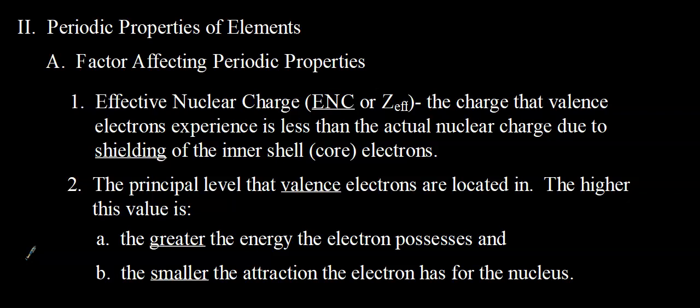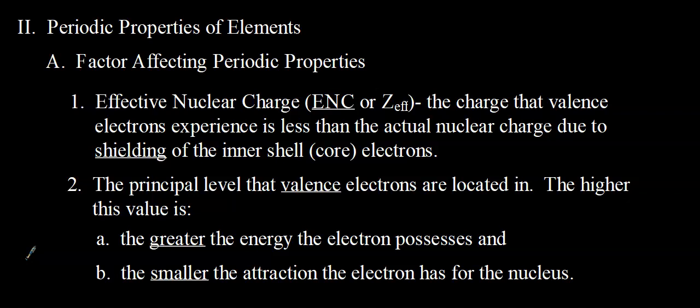Number 2, the principal level where valence electrons are located affects the properties of an element. The higher this value is, two things. One, the greater the energy the electron possesses. So remember that electrons that are further from the nucleus have more energy. And secondly, as I just talked about with effective nuclear charge, the smaller the attraction the electron has for the nucleus.